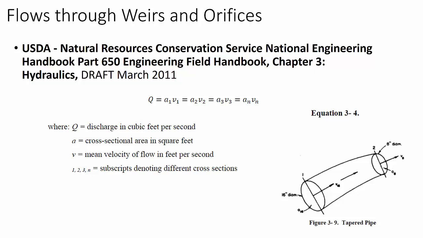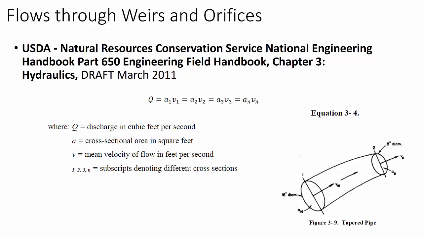So we know that flow through a system equals area 1 times velocity 1. That's area in square units, L2, and velocity is L1 over time. In terms of unit analysis, that gives you L3 over time, or cubic feet per second, or gallons per minute.